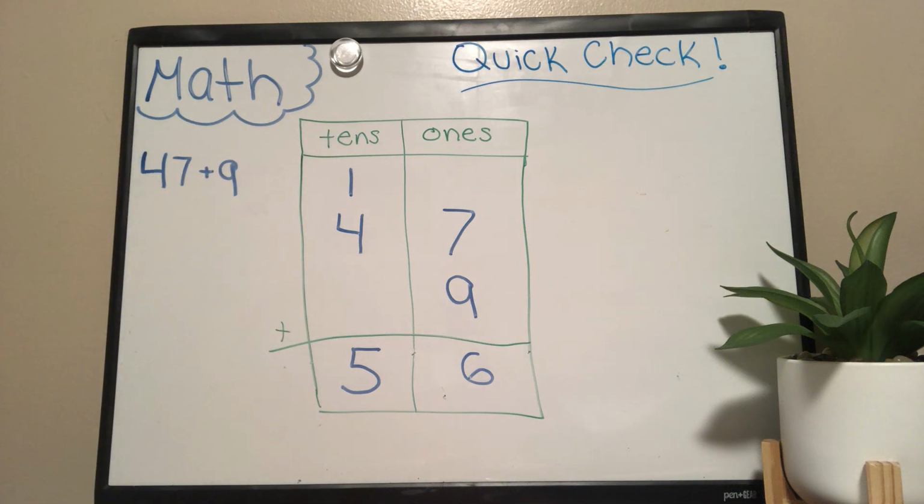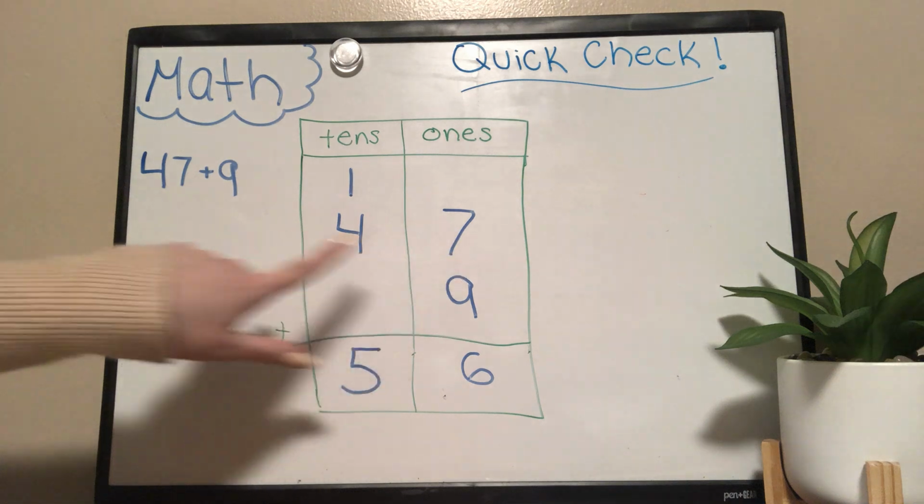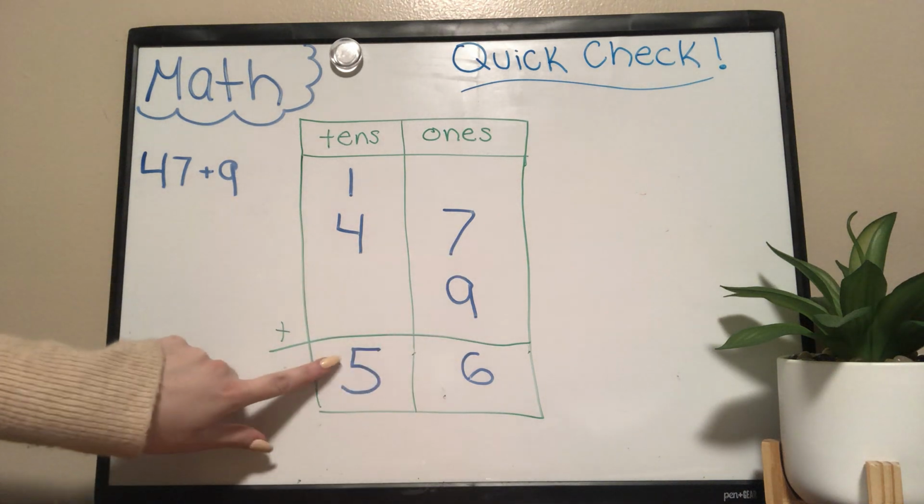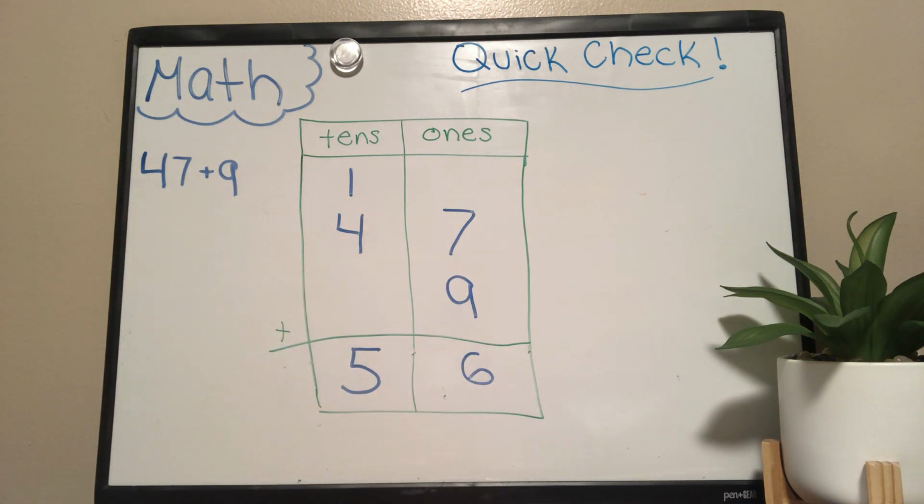All right, awesome job. You got the answer 100% right. 47 plus 9 equals 56.